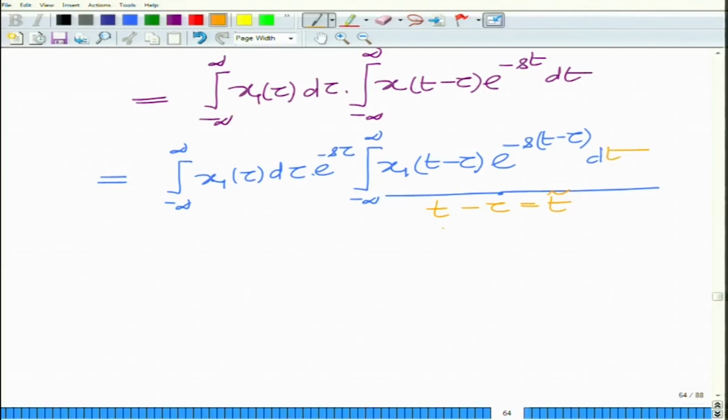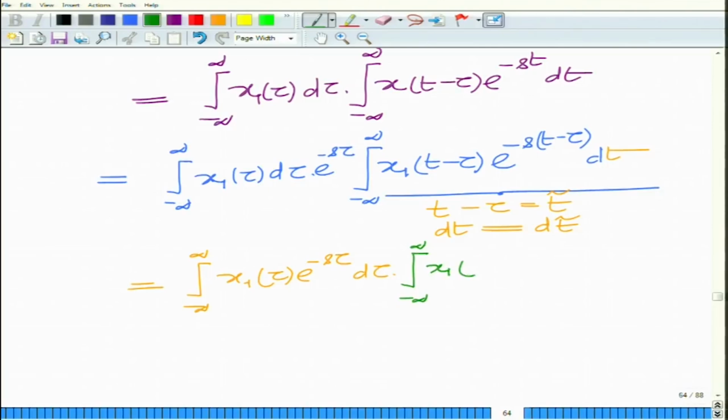I can further write this as the integral from minus infinity to infinity of x1(tau) e raised to minus s tau d tau, into the integral from minus infinity to infinity of x2(t tilde) e raised to minus s t tilde d t tilde.